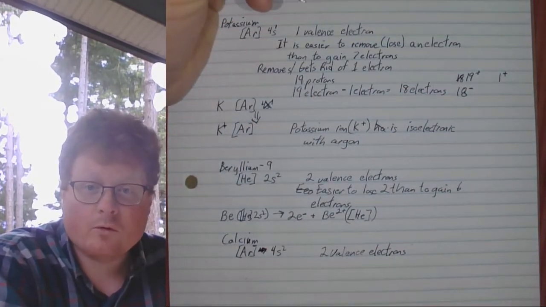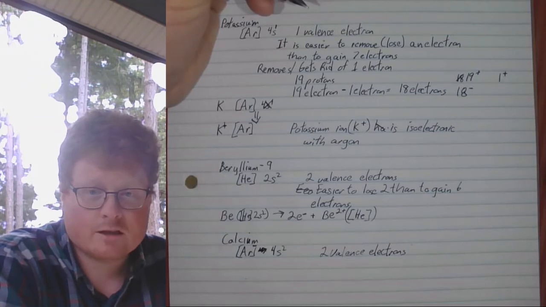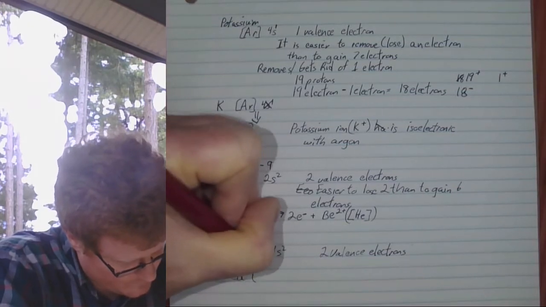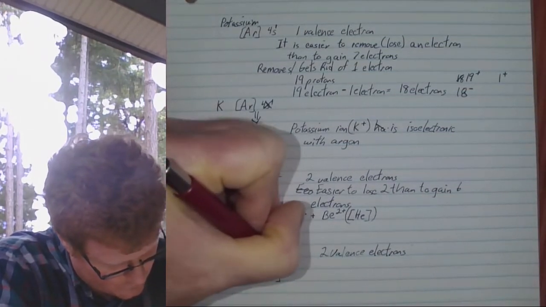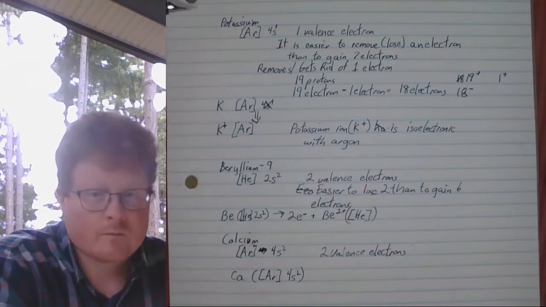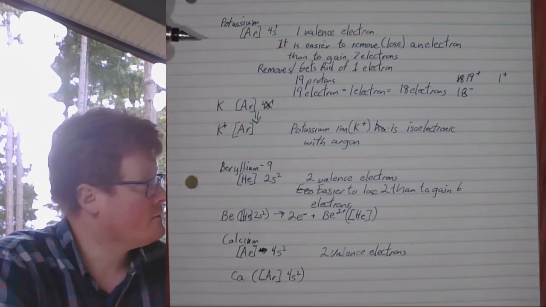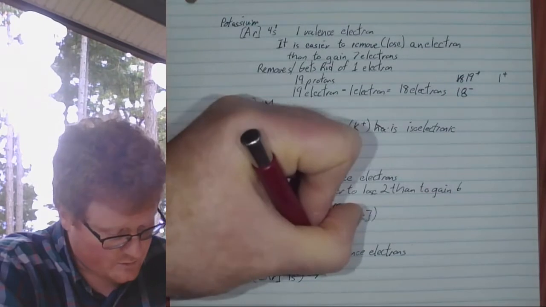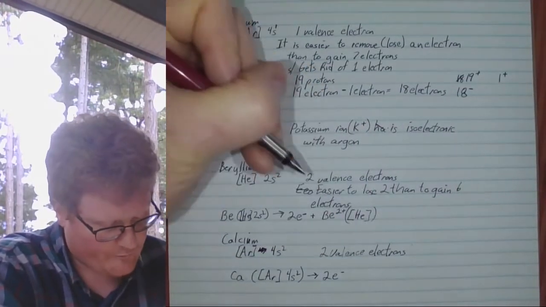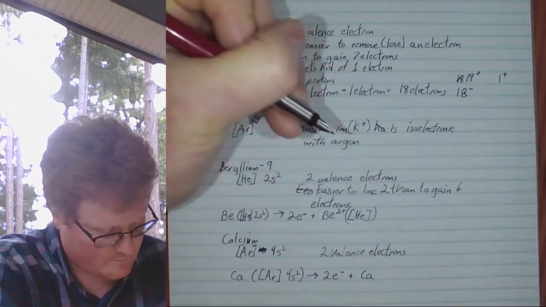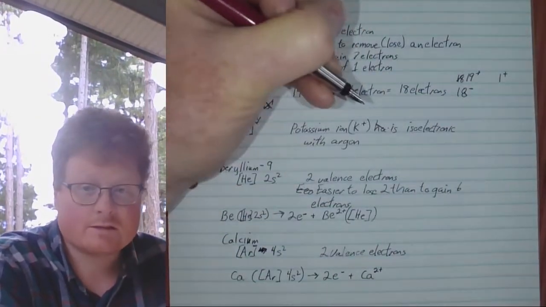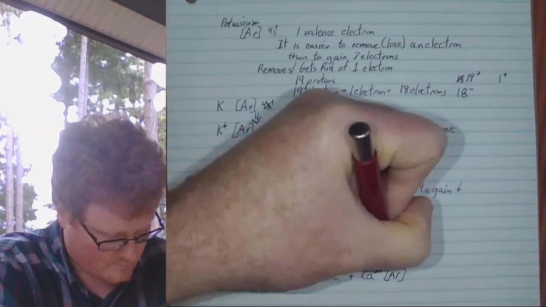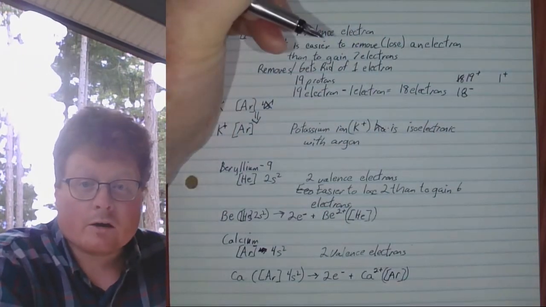Do you think it's going to lose or gain electrons? It's going to want to lose electrons. So calcium with an argon 4s2 is going to lose 2 electrons. So it's going to separate itself from 2 electrons, and it's going to become calcium 2 plus with an argon configuration.